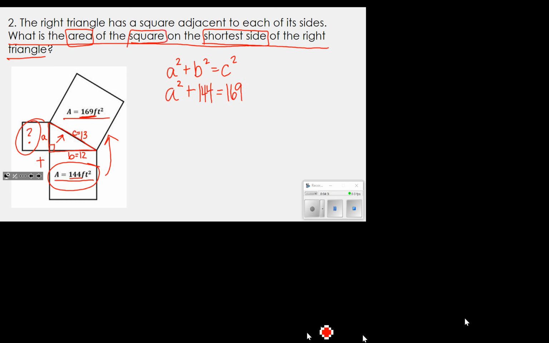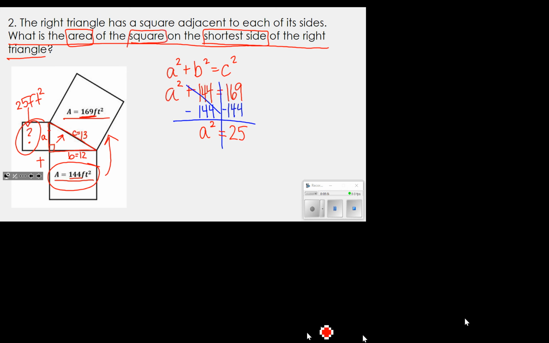So now we have to do a one-step equation. I'm going to subtract 144 from both sides, and then I can bring down the A squared. When you subtract that, you get 25. So I have A squared equals 25. That means this is going to be 25 feet squared.